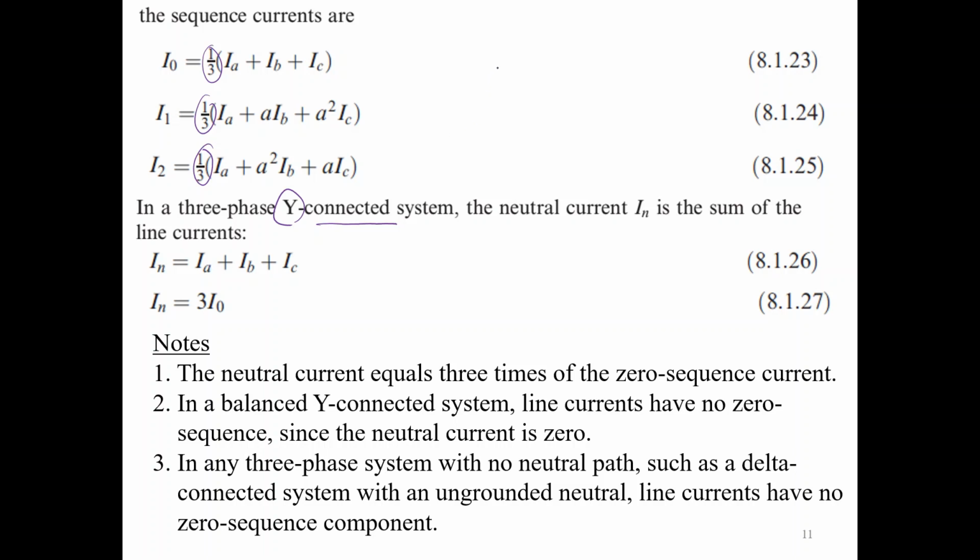Now you see, if it is a Y connection, the neutral is a common point of the star, or Y connection, of phases A, B, and C. Normally we assume the currents flow into the neutral, and the neutral current flows out of the neutral.